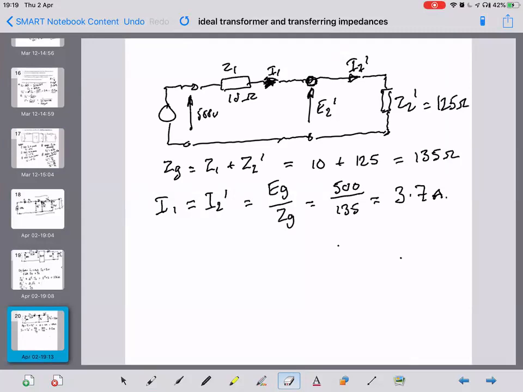Because we know the current going through Z2 dash, we can find E2 dash. E2 dash must be I2 dash times Z2 dash.